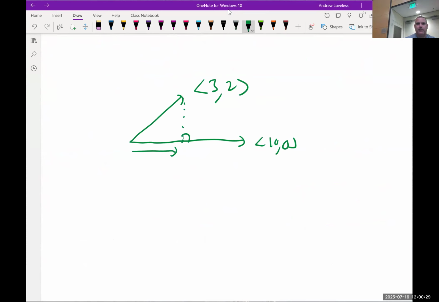What is this length? Let's just run it again. What's the dot product? 3 times 10 is 30. 2 times 0 is 0. Divide by the length of your ground vector, which is 10, and you get 3. That one I didn't need a formula for.